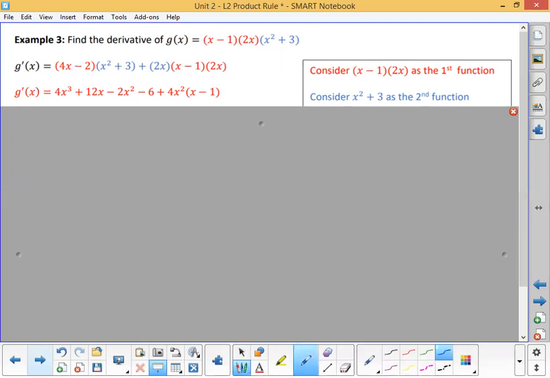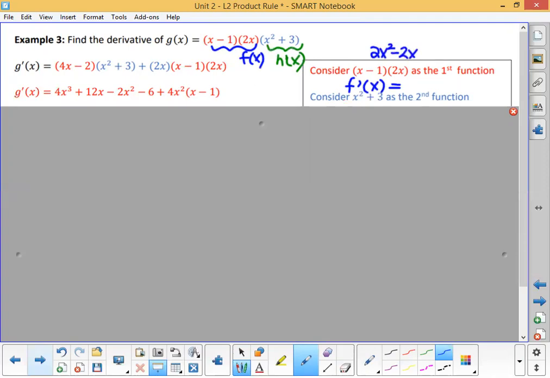So if we consider this whole thing f of x, and let's say we consider all of this h of x, I'm going to call it h of x because the full function has already been called g of x, then f prime of x would be taking the derivative of 2x times x minus 1, which is 2x squared minus 2x.